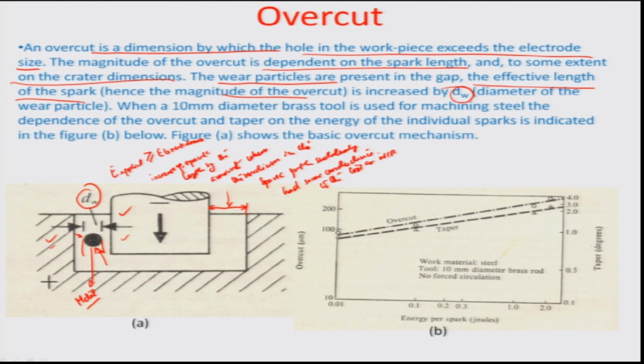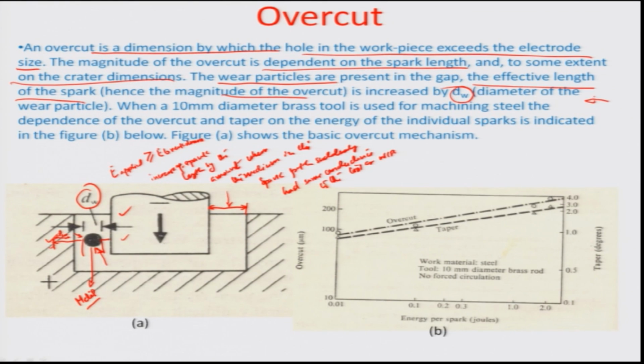Okay. So, that is the reason why the spark length here would actually be this plus this much, where this extra width here is equal to dW. So, this results in even bigger overcuts and a bigger problem.